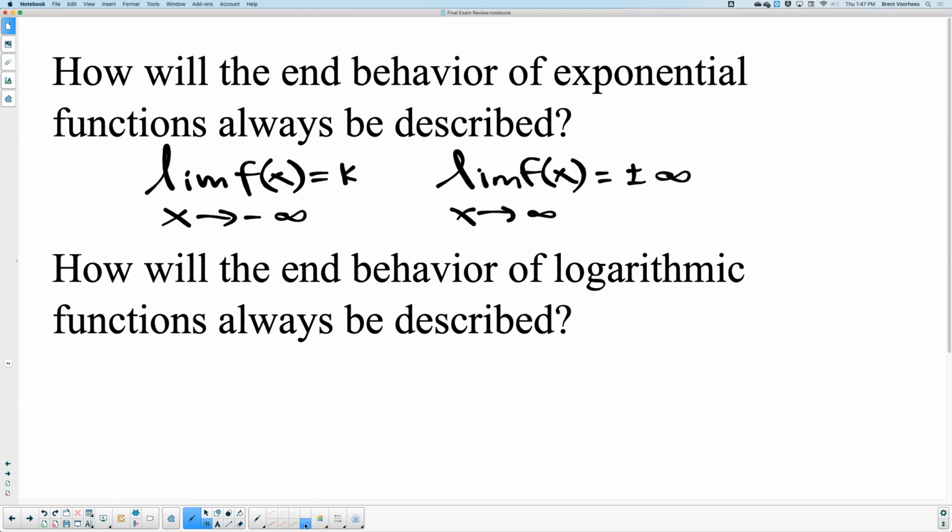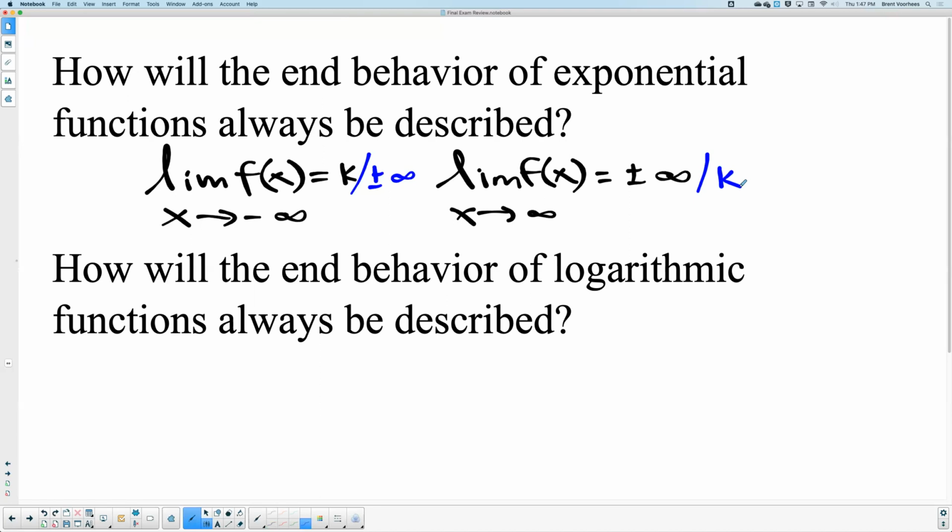But if this has the positive or negative infinity, then this becomes the constant. So there are 2 situations: it's either constant, positive or negative infinity, or positive or negative infinity, constant. But either way, you'll have negative infinity and positive infinity.